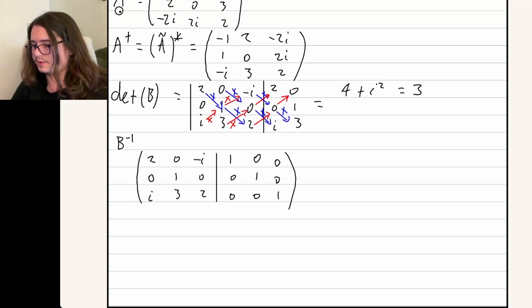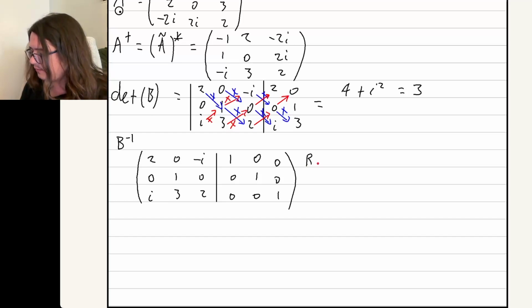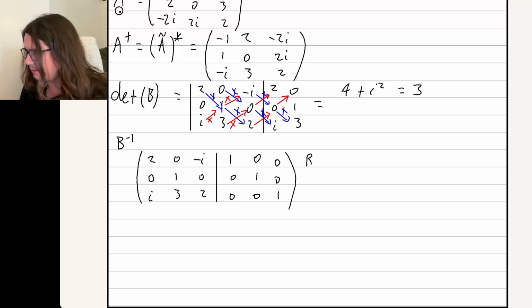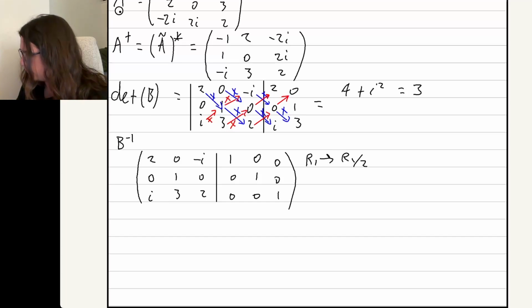Right. So to do that, first of all, let's scale the matrix on the left and on the right. I want to make R1, row 1, divide it by 2. I'm also going to divide R2 by nothing because it's the way that it is.